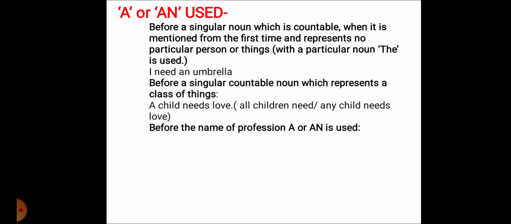Next, before the name of a profession a or an is used. For example, Krishna is a teacher, he is a professor. But he is the English professor, where you are mentioning the subject, then only he becomes definite. Next, a or an is used with certain numbers.